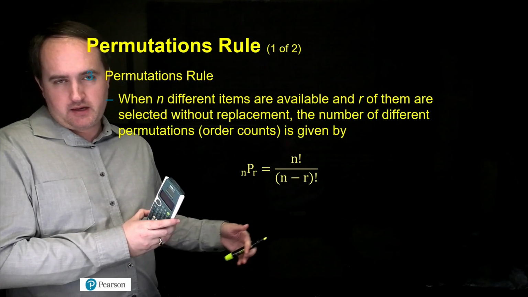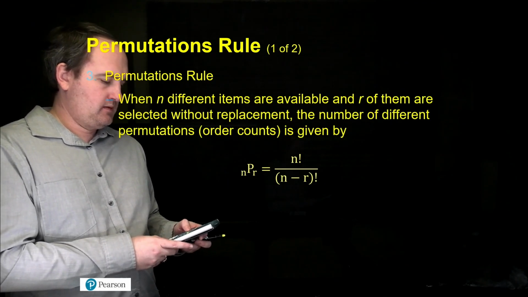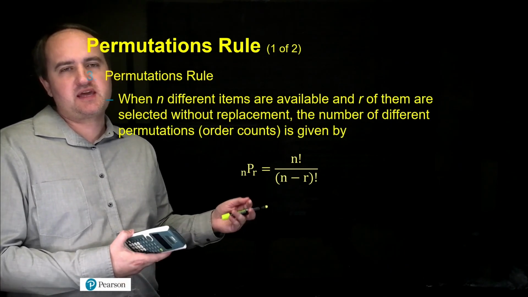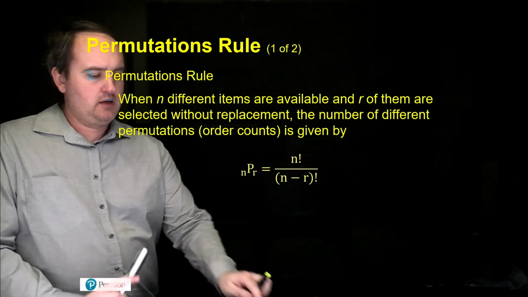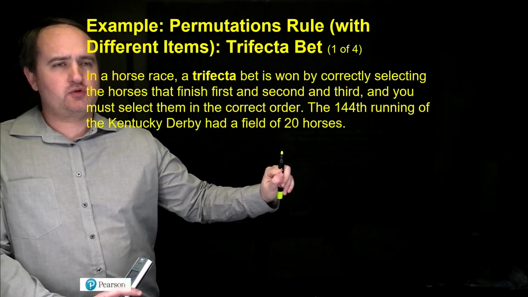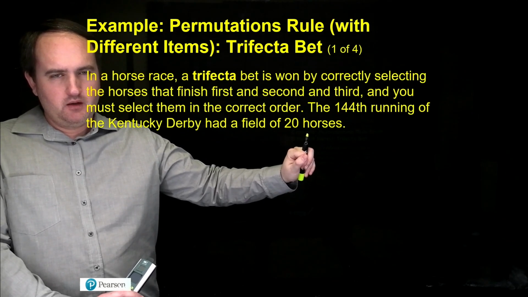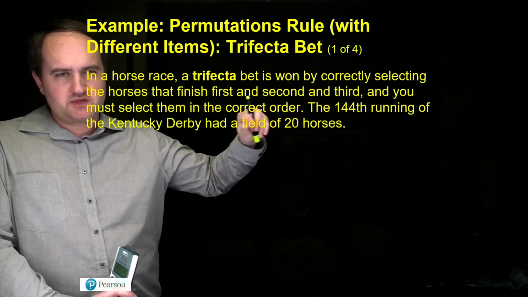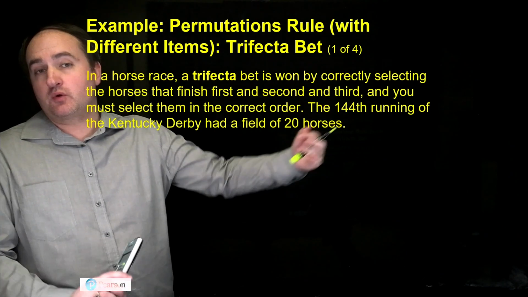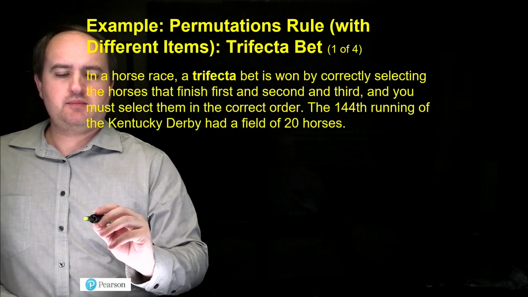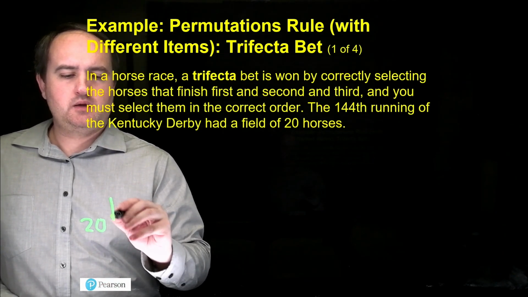So since we have a total of 20 horses, and we're selecting 3 of them to be in first, second, and third place where order matters, this would be the same as 20P3.